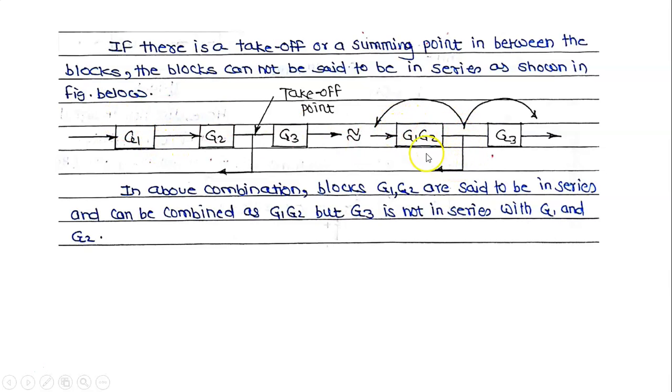Then this takeoff point is there, in between the two blocks, and then G3. In the above combination, blocks G1 and G2 are said to be in series and can be combined as one block, that is G1 G2, but G3 is not in series with G1 and G2 because in between G1 G2 and G3 this takeoff point is there.